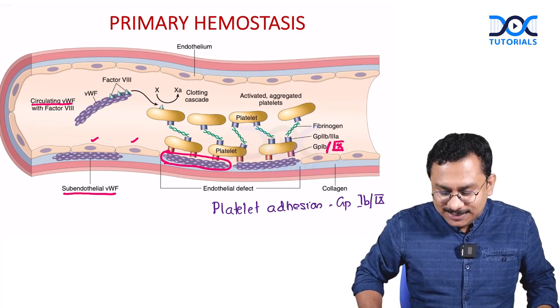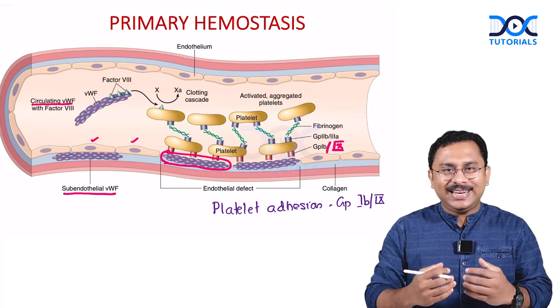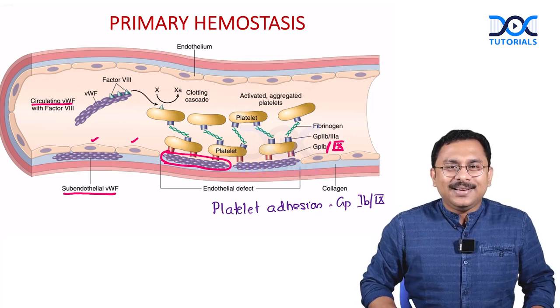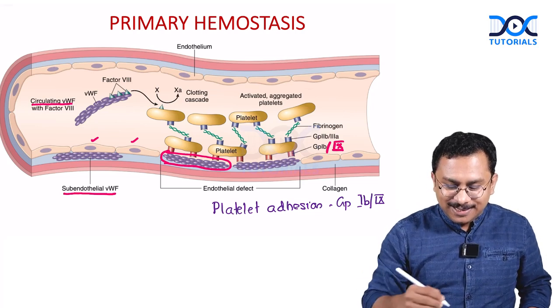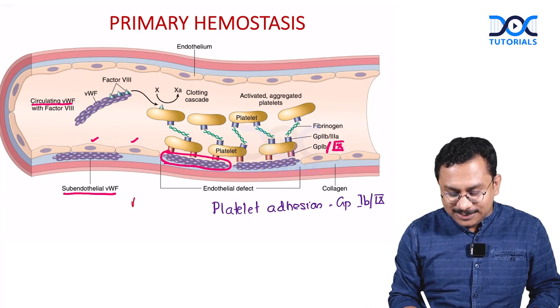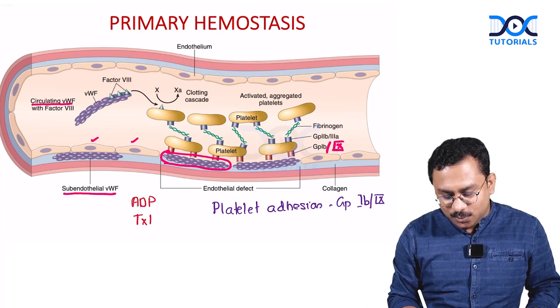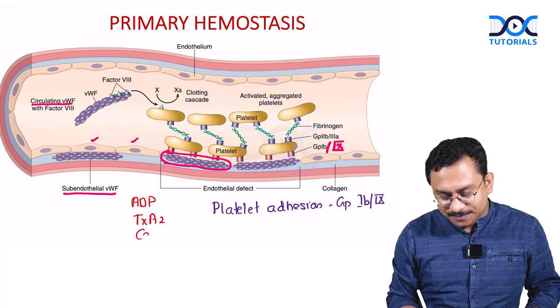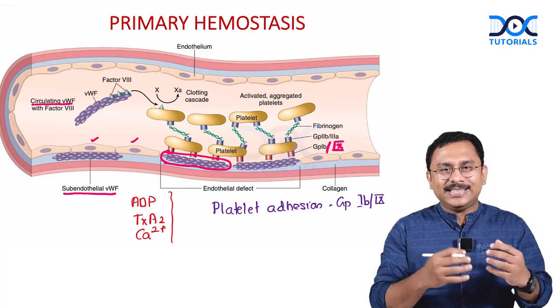Next, as a result of the platelet adhesion, the platelets get activated, and the platelets release certain chemicals like ADP, thromboxane A2 and calcium, because obviously the platelets contain these in their granules.